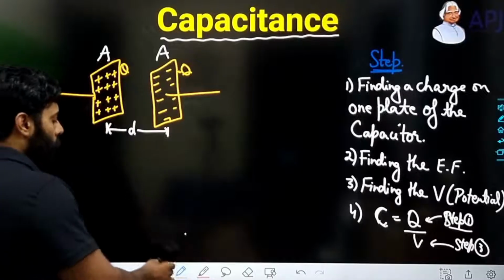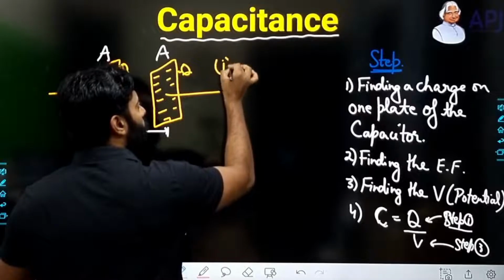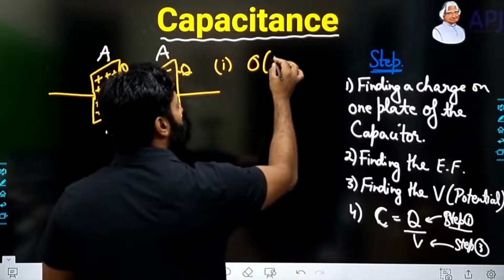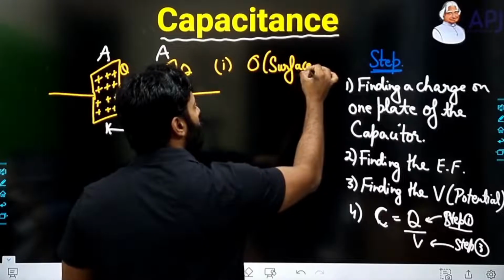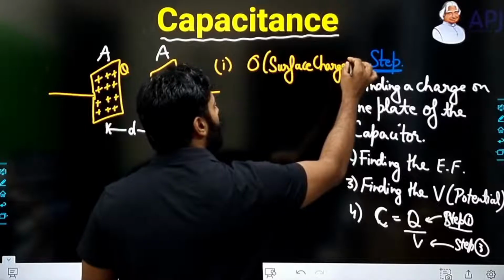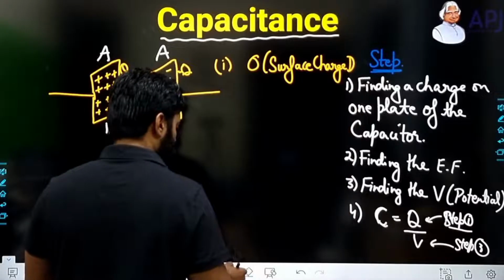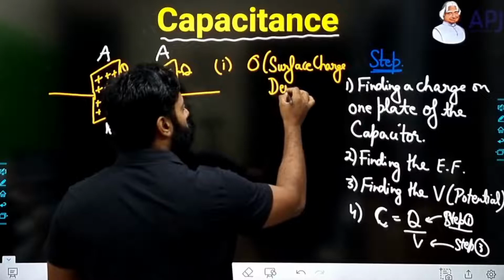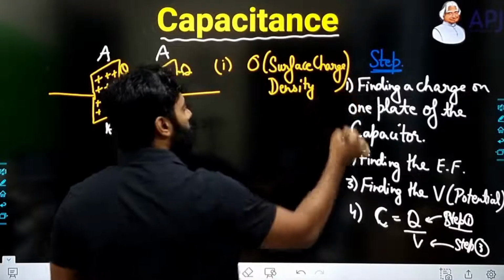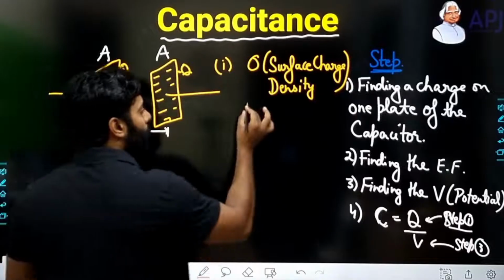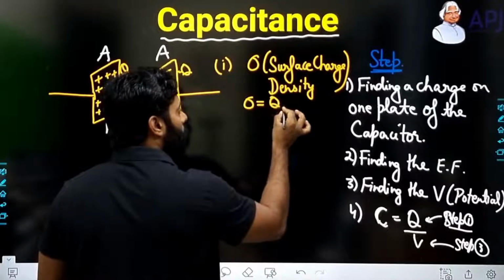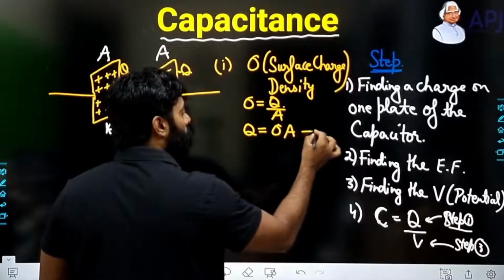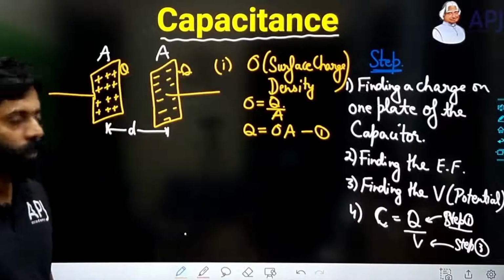Now we know that sigma means surface charge density. Sigma is equal to Q by A, right? Then Q is equal to sigma A. This is my equation number 1.